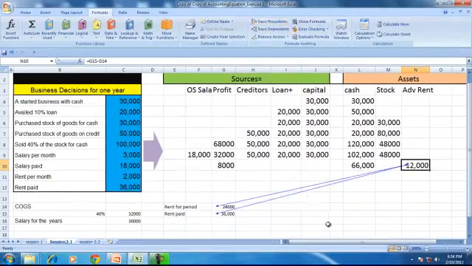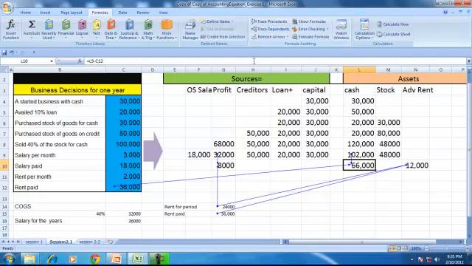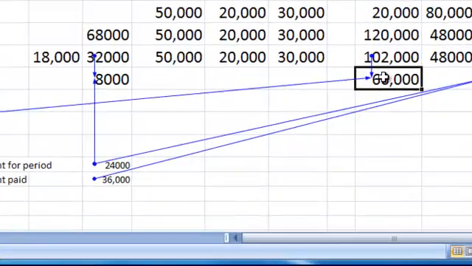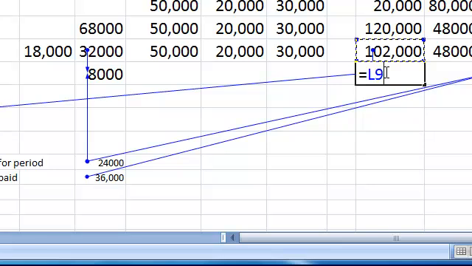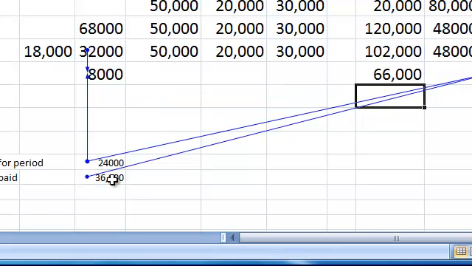So advance rent is an asset because the expense is 24,000, but the payment is 36,000. In determining the profit, I am going to reduce the expense. In determining the cash in hand, we reduce the entire 36,000. Let me consistently show the same, use the same cell.